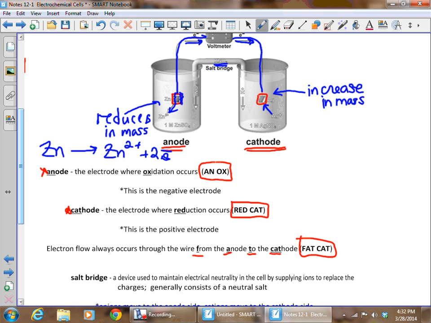Over on the cathode side, we've got silver ions forming the silver metal, and in the process using up an electron, which is why the electrons are traveling from the anode to the cathode. From the electrode where electrons are being produced to the electrode that needs electrons in order for the reaction to occur.